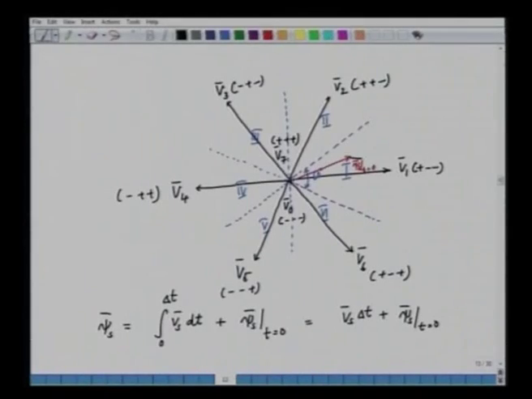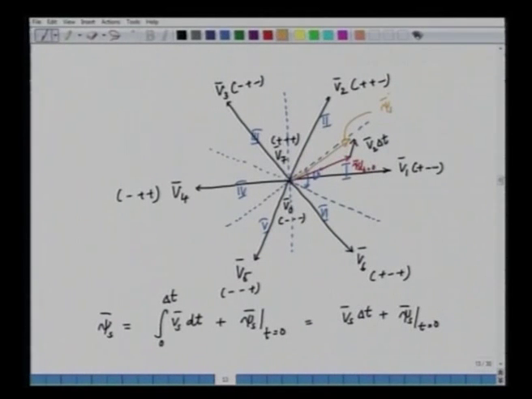Maybe this is not the right choice. We will apply V2. This is our V2 into delta t. We will apply V2 for a small time delta t, and as a result, our resultant flux vector will be along this direction. So, this is psi s.